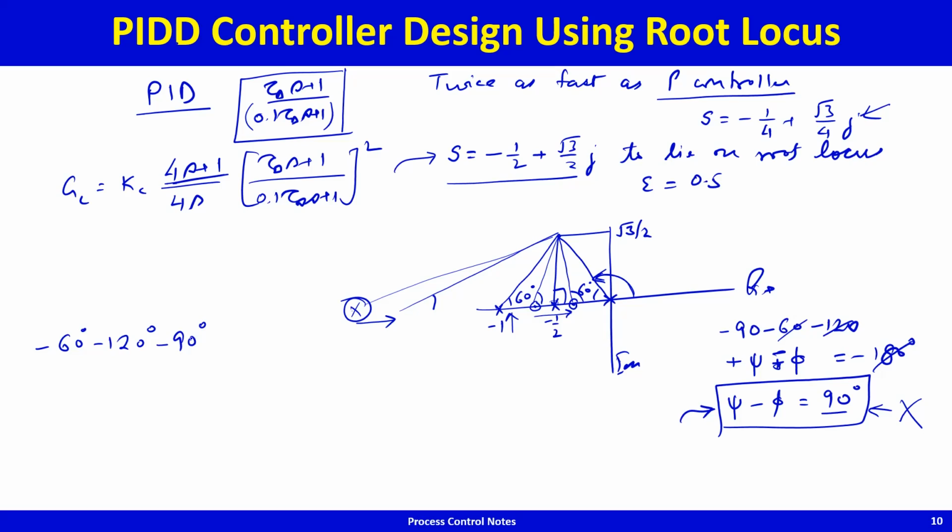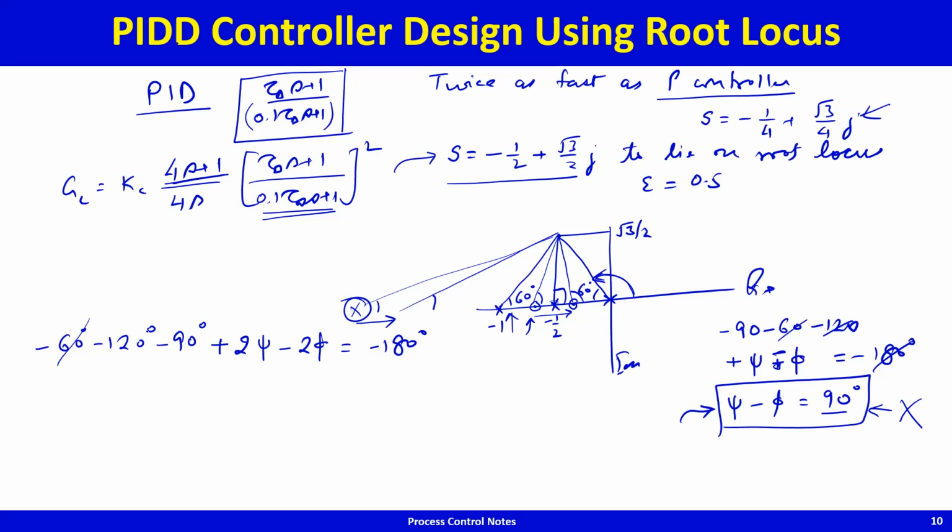Okay, and your pole will put in an angle of 0. Because there are two zeros, the angle would be 2 times psi, and the angle because of the pole corresponding to this will be minus 2 times phi, and the net angle should be minus 180.